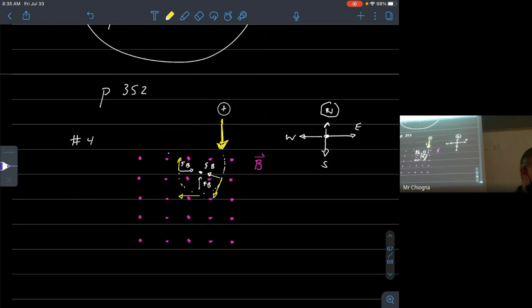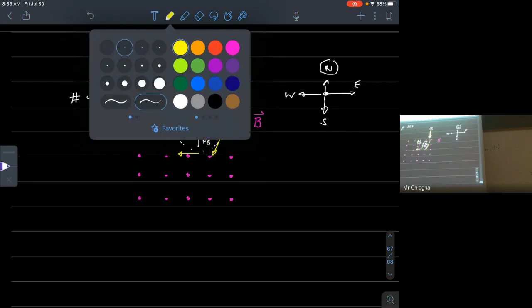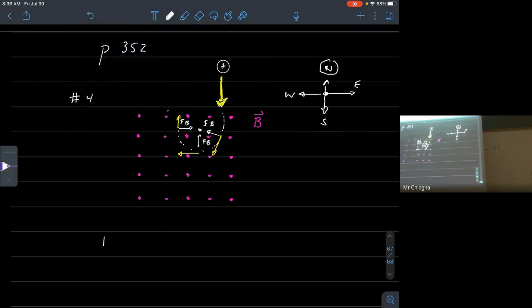So that's why it's going to move in a circular path and continue to move at constant speed. Okay, so that's the direction. You could say the direction is to the left or west, either one. Left of the page or west.